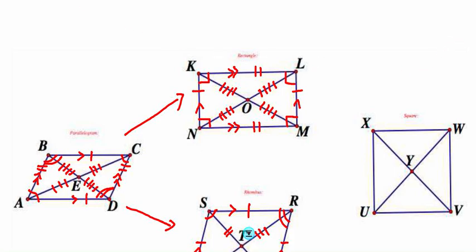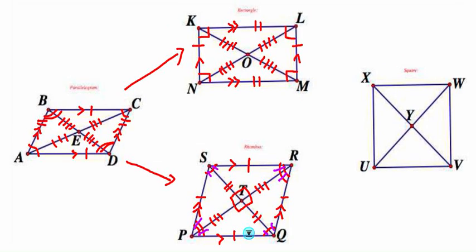And so what we have is diagonals which are going to intersect each other at 90 degrees. So we have four 90-degree angles. And what we also have is, in addition to angle P equaling angle R, those two angles are bisected, and similarly for angle S and angle Q, the whole of angle S equals the whole of angle Q, and both angle S and angle Q are bisected by the diagonal.